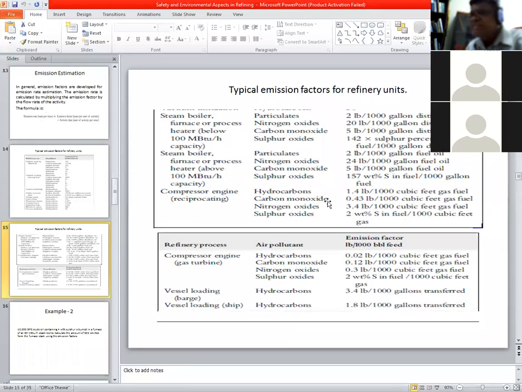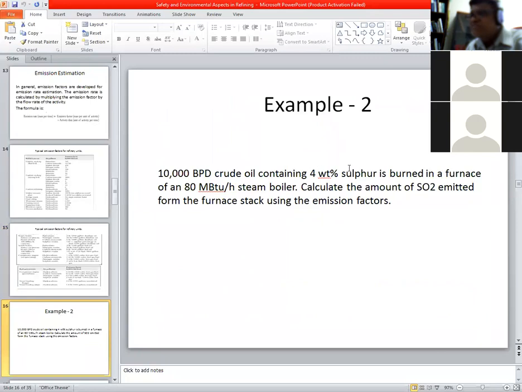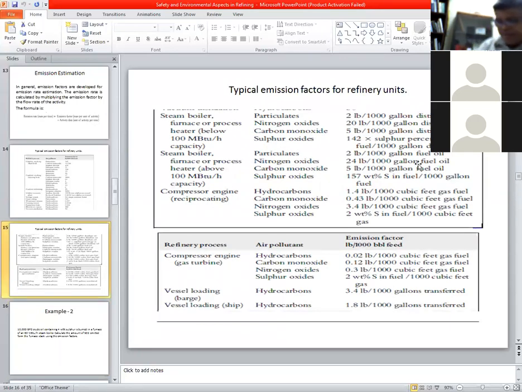Then the weight percentage, sulfur weight percent, put this value 4%, and the flow rate, put this one. Only be careful here. See here it is given 142 times sulfur weight percent over 1000 gallon.